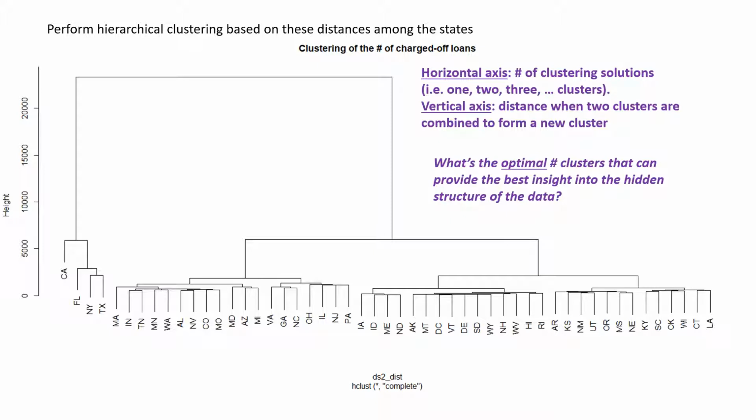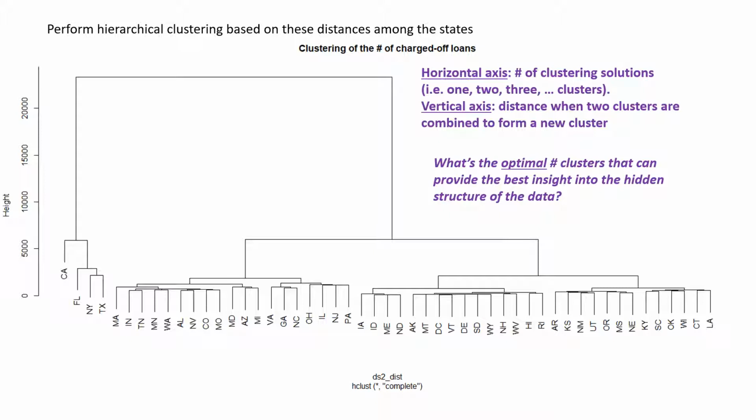As you can see from this dendrogram, the horizontal axis refers to the number of clustering solutions. Here, they can be 1 cluster, 2 clusters, 3 clusters, or even up to 51 clusters because we have 51 states here. And the vertical axis refers to the distance when 2 clusters are combined to form a new cluster.